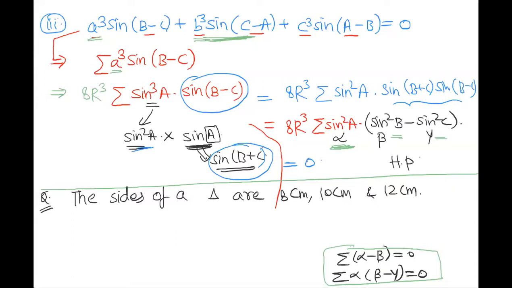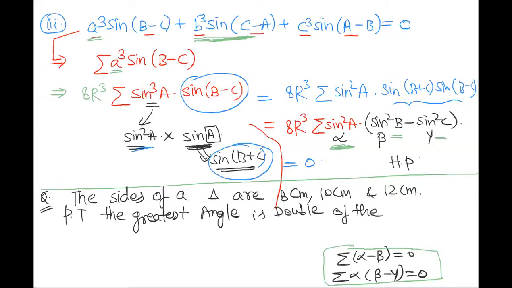Prove that the greatest angle is double the smallest angle. It means what we need to prove? To prove 2A is equal to C.